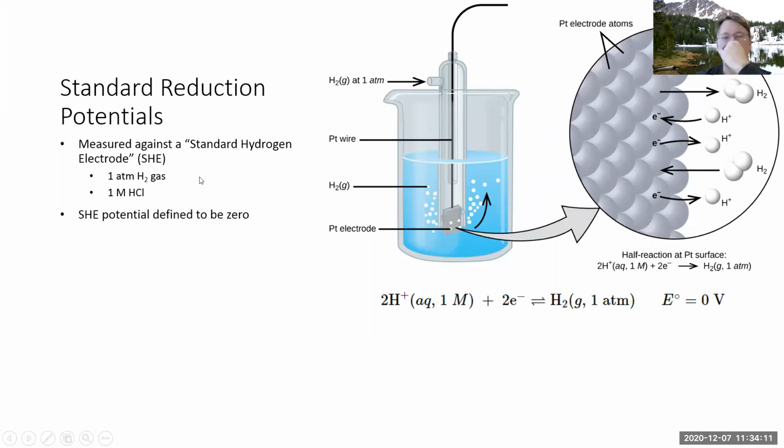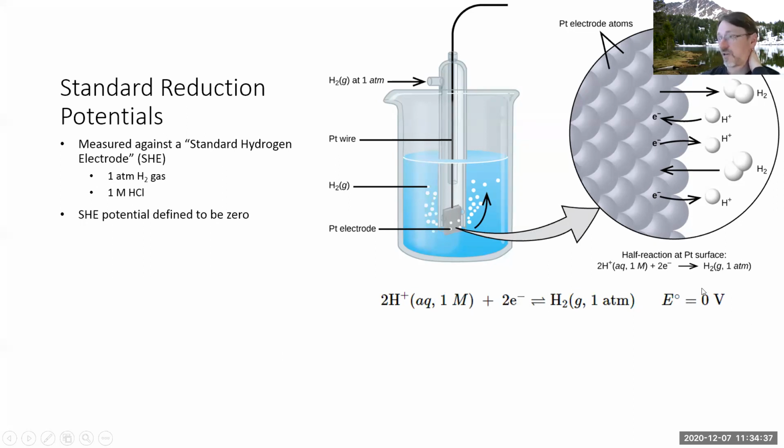It is the standard hydrogen electrode under conditions where the acid concentration is 1 molar of HCl, meaning that since that's a strong acid, it's 1 molar in H+. And the pressure of hydrogen, H2, is 1 atmosphere. We define this half cell potential to be 0.